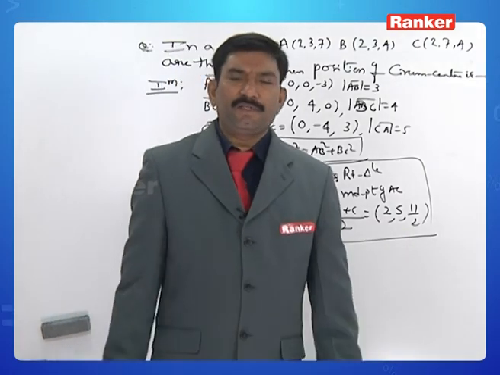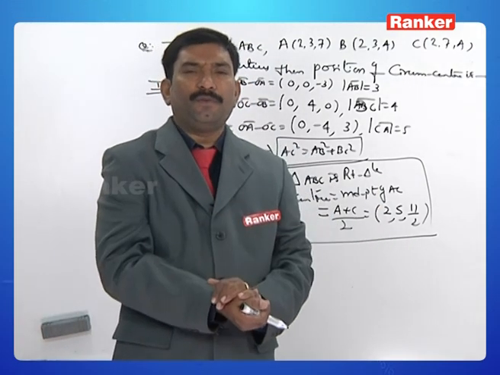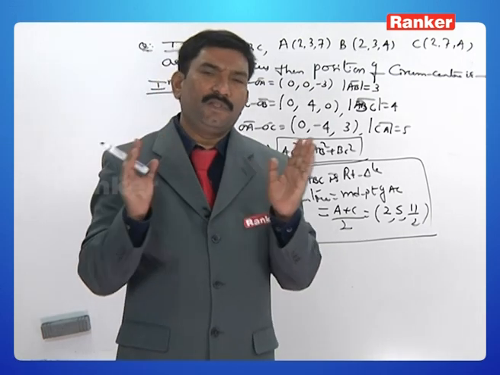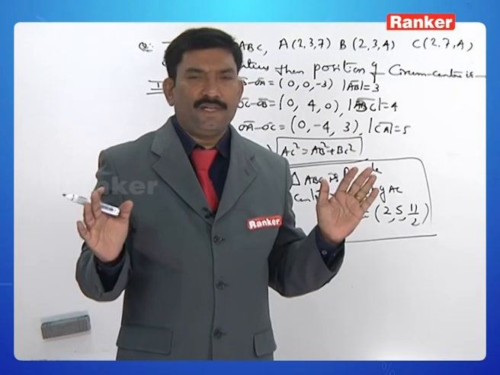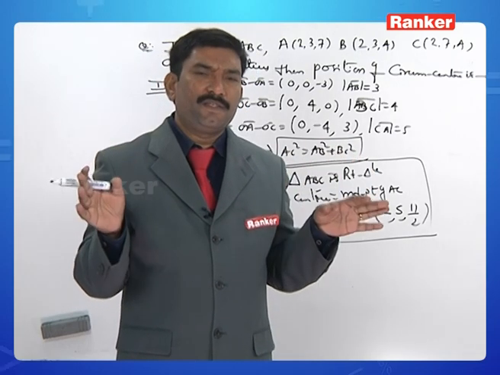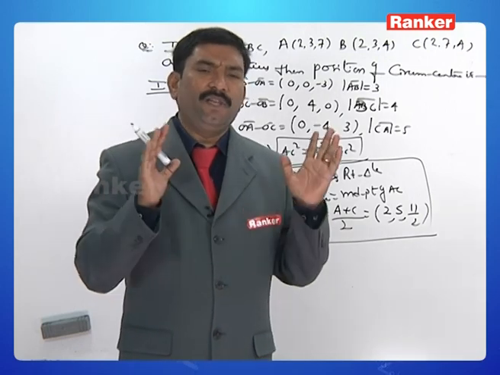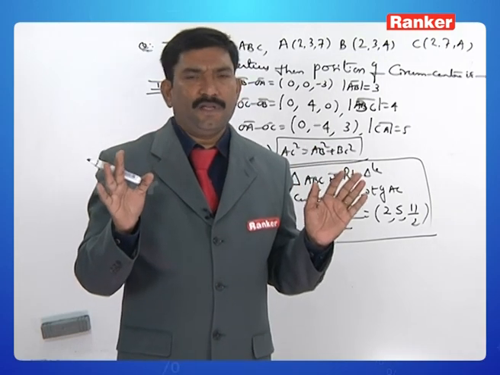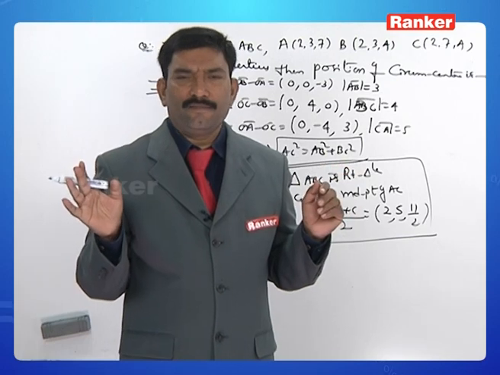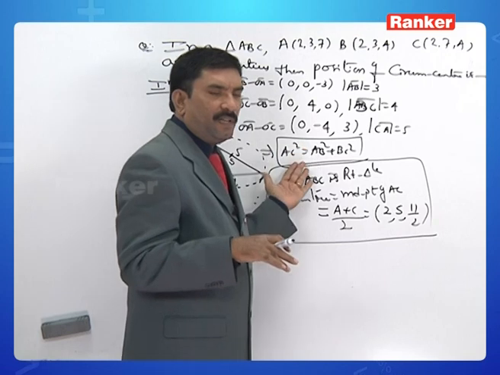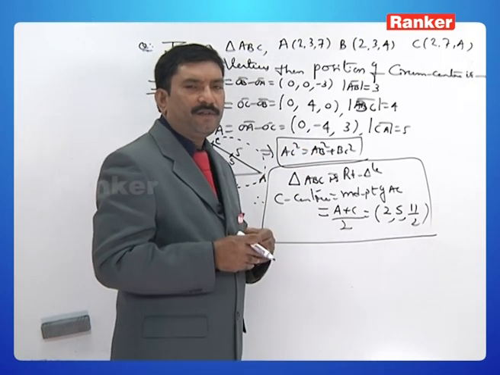The first method is: whenever the 3 vertices are given, how to find the circumcenter. First you find the lengths of the sides. Almost in vectors, it will be either an equilateral triangle or a right angle triangle, 90 to 10 percent. So find the lengths of the sides and verify the Pythagoras theorem.